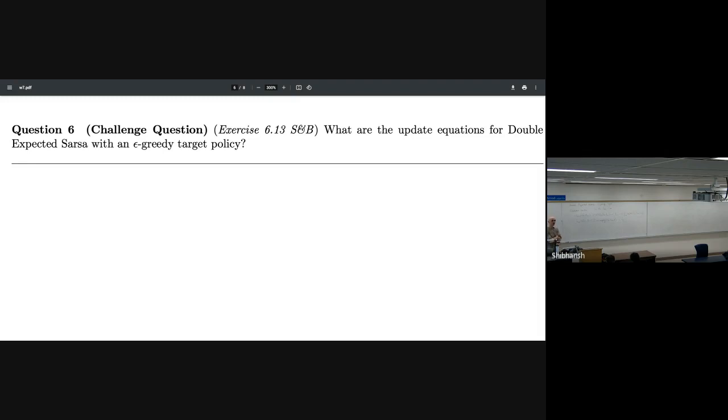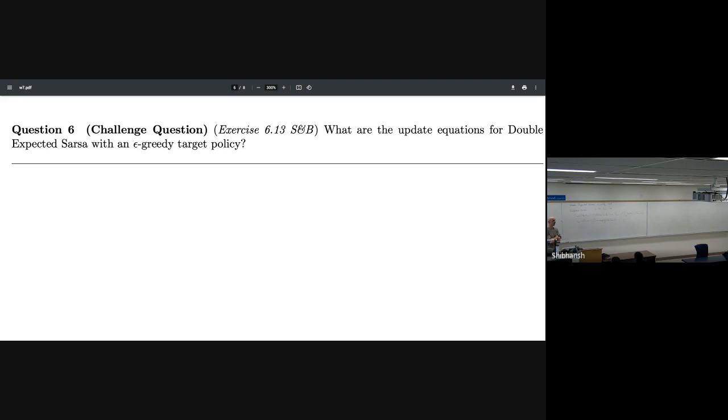So now, how do we merge this algorithm with the idea of double Q learning? So really, the idea of double Q learning was that you are alternatively, and maybe randomly, updating one of two action value functions.